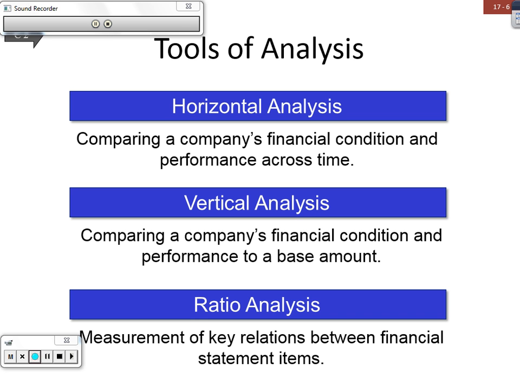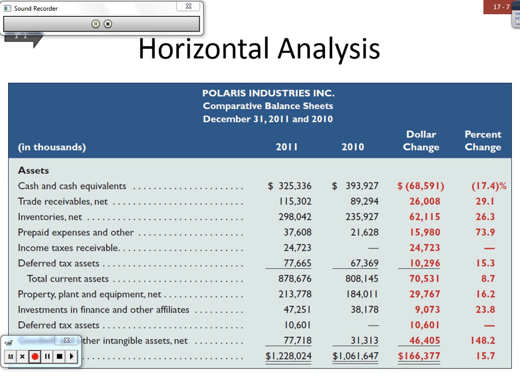And then, of course, the ratio analysis, which we're going to dive into, is going to look at different line items on the financial statement and compare them to make a justification as to how the business is doing financially, okay?